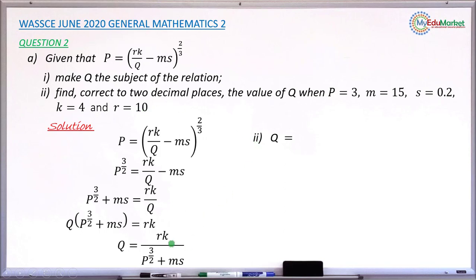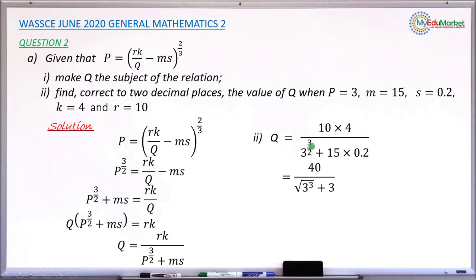Substituting in the formula for Q, you have Q equals 10, the value of R, multiplied by 4, the value of K, all over 3 raised to the power of 3 over 2, where 3 is the value of P, plus 15 multiplied by 0.2, where 15 is M and 0.2 is S. Now simplify the right-hand side. 10 multiplied by 4 gives 40. 15 multiplied by 0.2 gives 3.